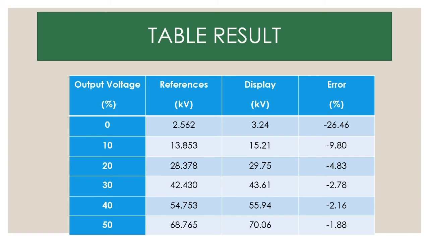As we can see, the table of results that has been constructed uses the mean value from both equipment, which are the frequency converter and the picoscope. From the frequency converter we get the reference, and the display value we get from the picoscope.